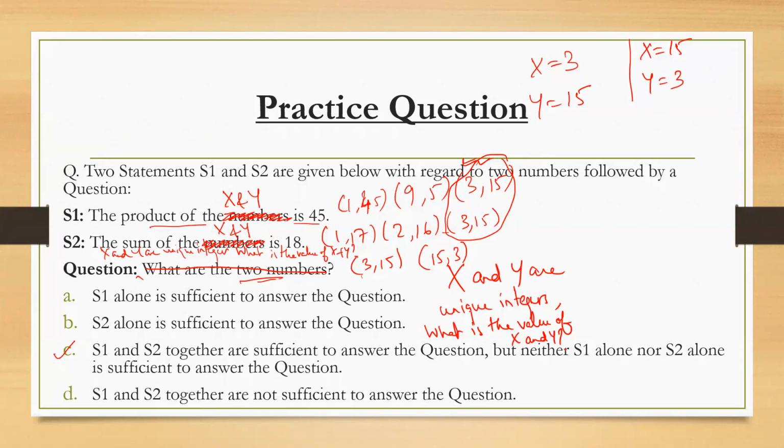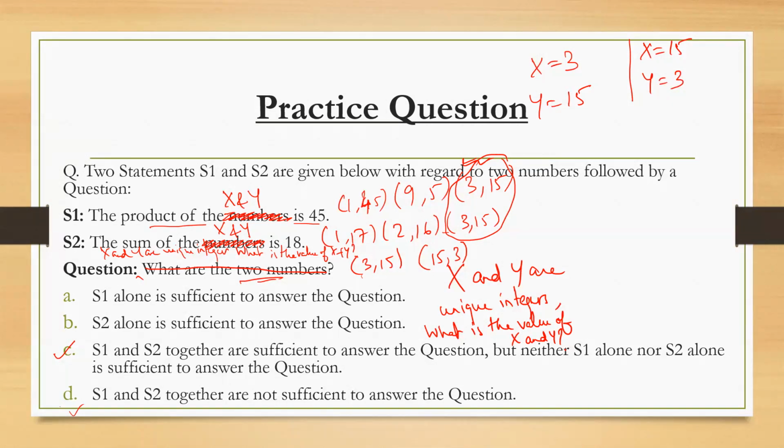So are we getting their values as unique integers now? We are not getting. So when we are not getting, what will be your option then? In the changed question, the answer will be D. Exactly. I hope this is clear to everyone. What about others? Raghavan got it. Aisha, Adira, Jyotsna.